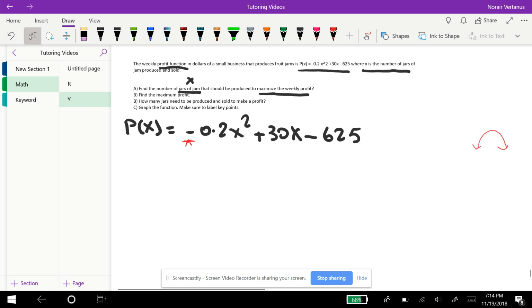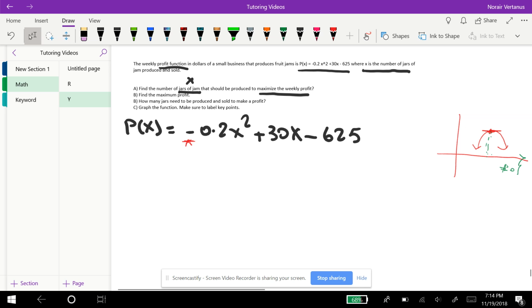So a function like that has a maximum value. That's the maximum point. And this x value is the number of jars.